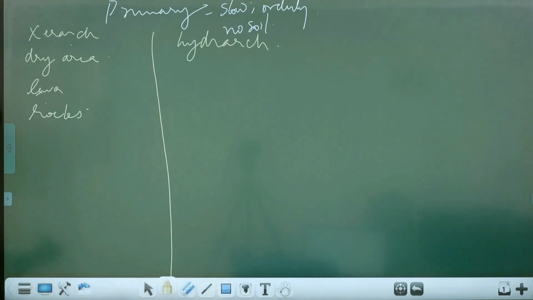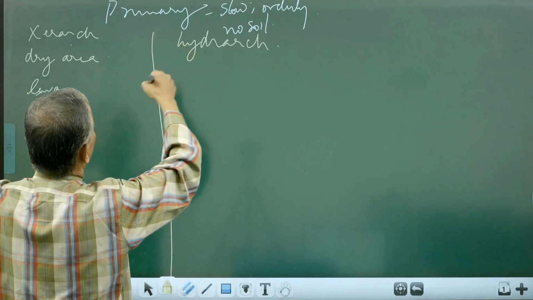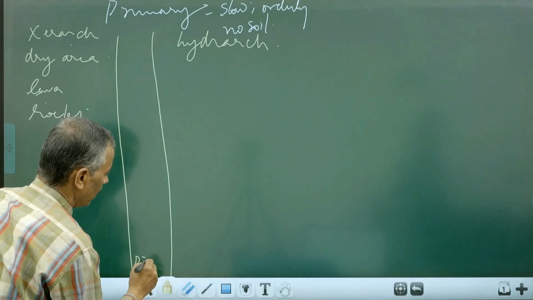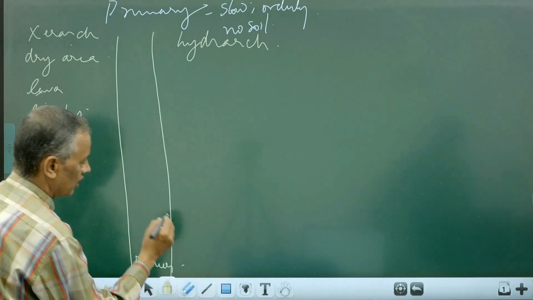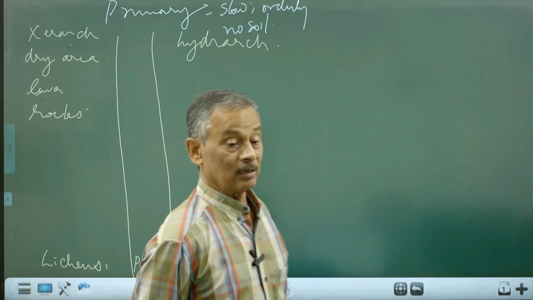The first community that arrives in such a succession is called the pioneer community. The first community that is developing or arriving is called the pioneer community, and it is the lichens. Why lichens?